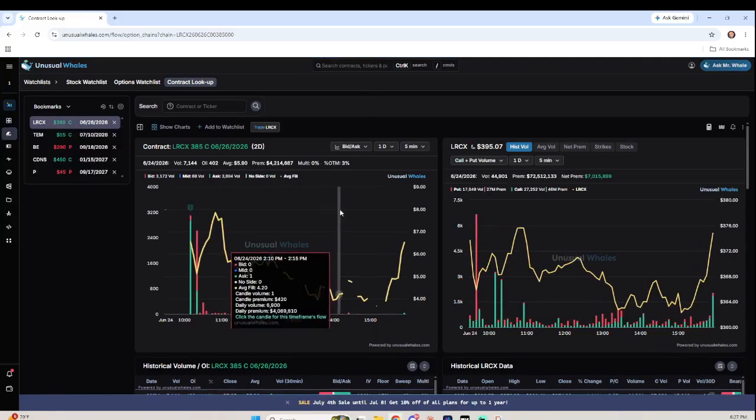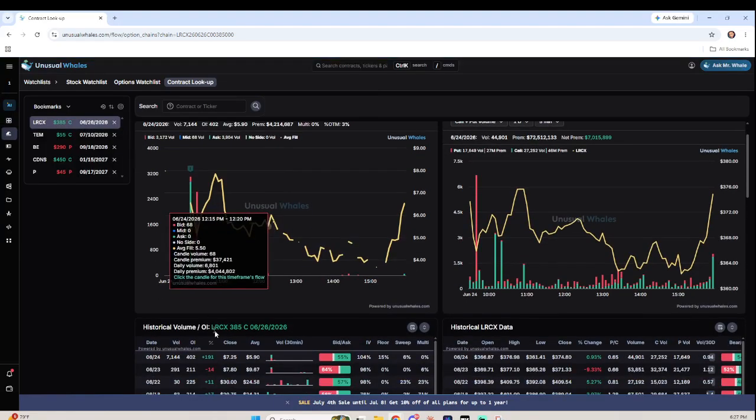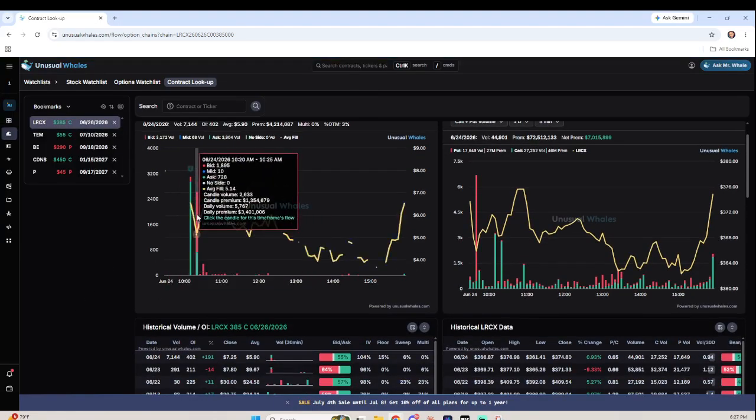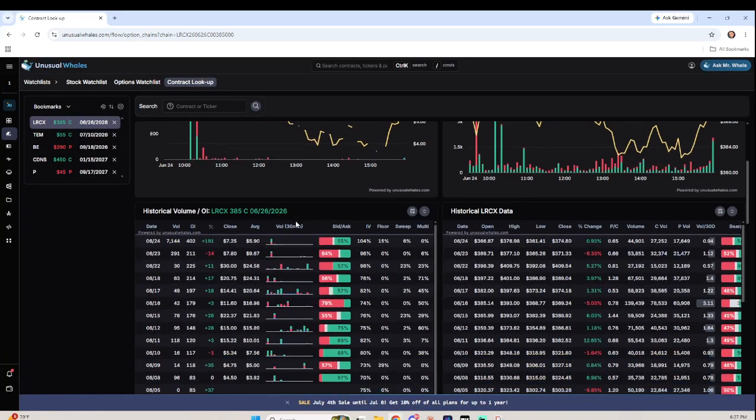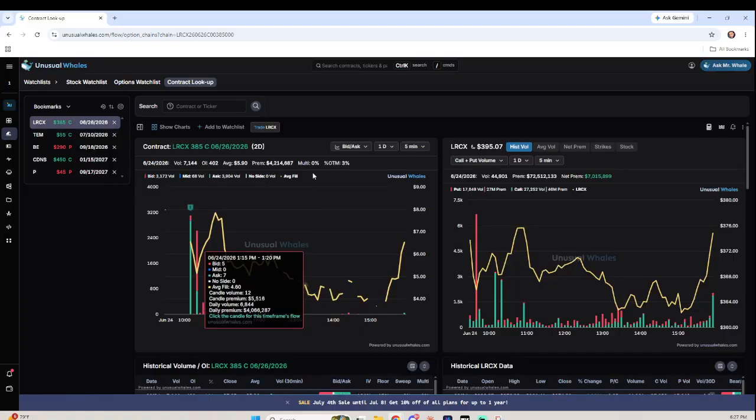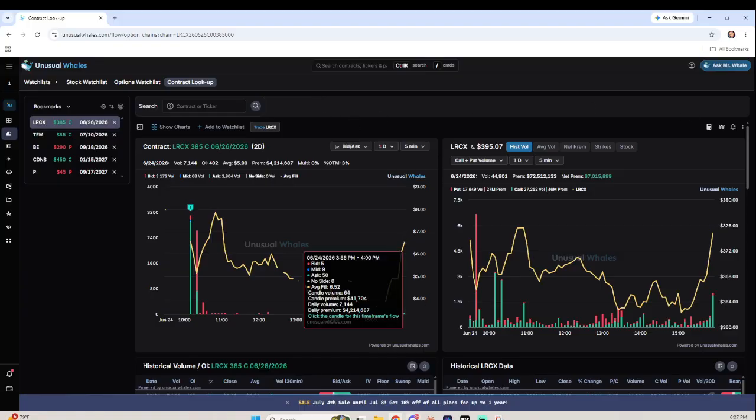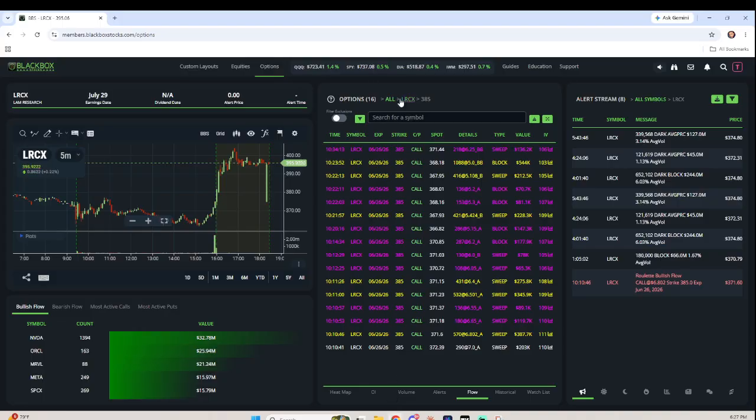All right, so even Unusual Whales showed it on the ask there, but then the second tranche was all below the bid after. So kind of a mixed read there. You would actually have to break it down to each contract, which they do, but definitely a tougher one today. That was interesting to me. I thought that'd be a good example for today.